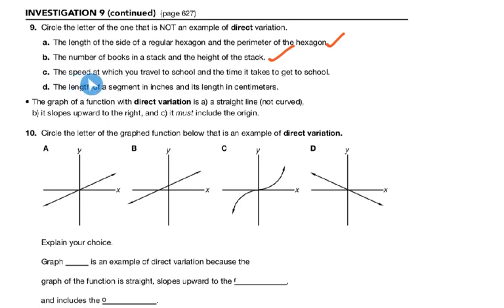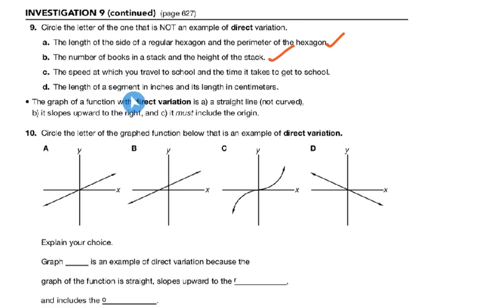As your speed increases, would the time it takes to get to school increase? As your speed decreases, would the time decrease? Gotta think about that one. Let's come back to that one.